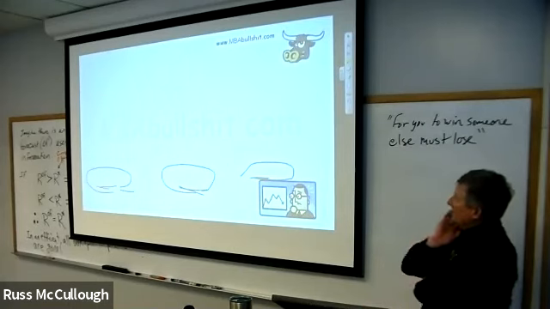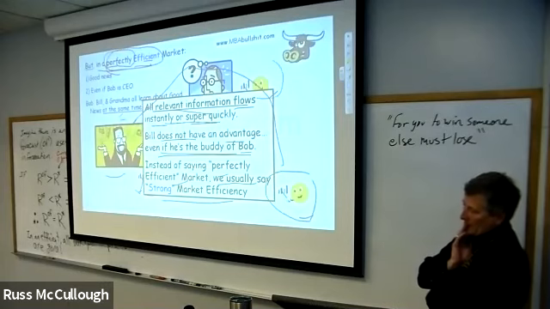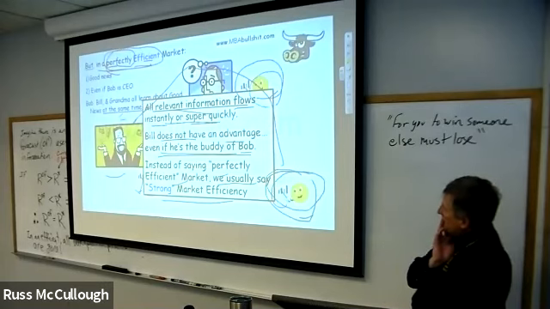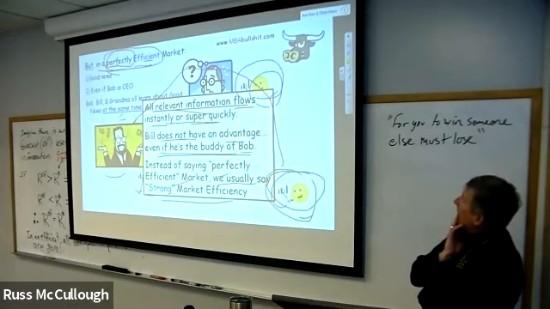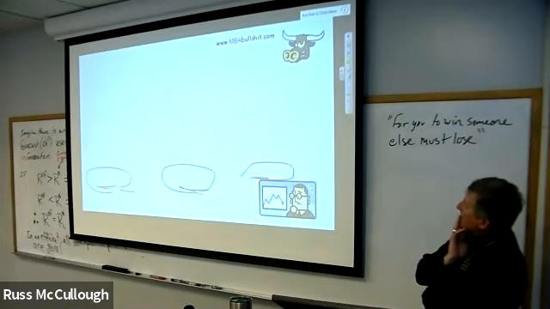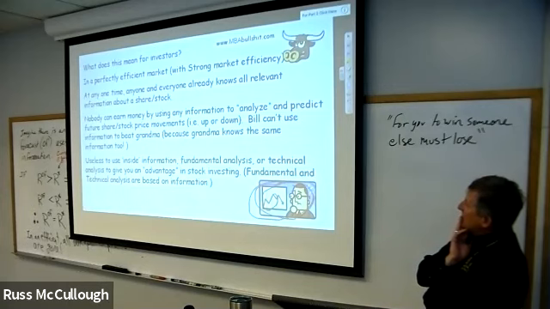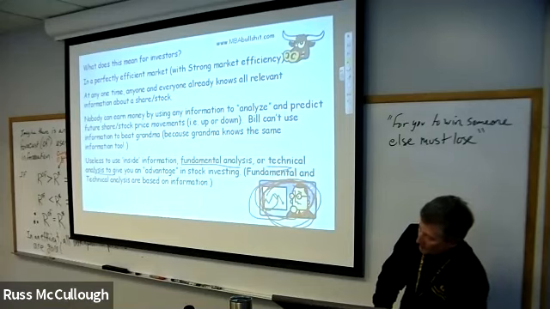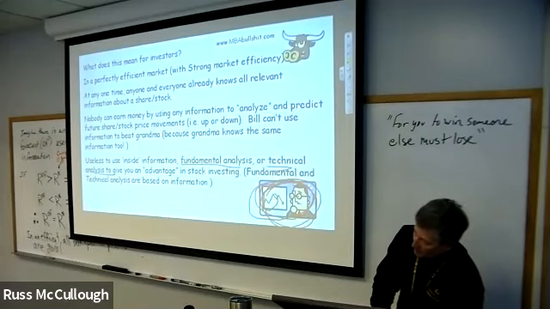Remember, in stock market investing, you have an advantage if you know about this information before other people know it. Therefore, Bill also does not have an advantage when he uses fundamental analysis, which uses that information, and he also does not have an advantage when he uses technical analysis, which is also based on information.